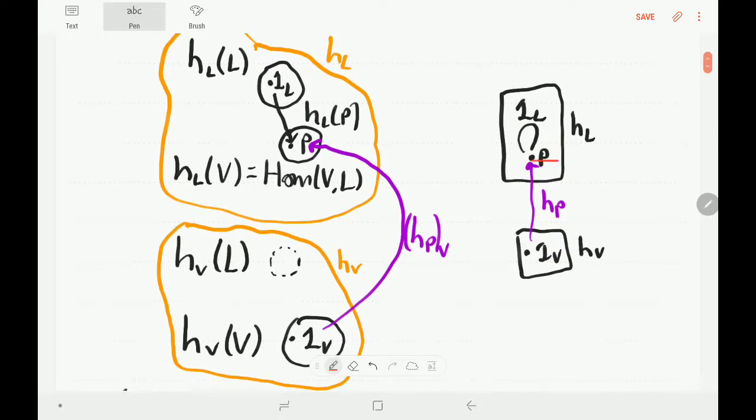We can refer to the loops in a general bouquet. These things are also called bouquets, and in a general bouquet or function, we can refer to the loops as arrows from h_L. We refer to the dots as arrows from h_V, and there's also a natural transformation from this Hom functor to this Hom functor, which is basically just finding the dot of a loop, which is called h_p.